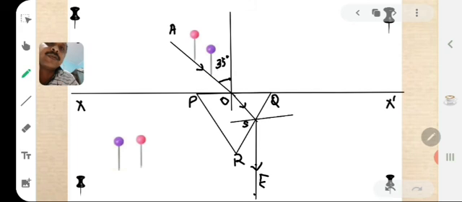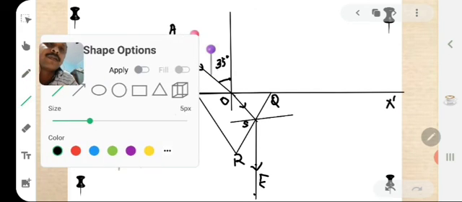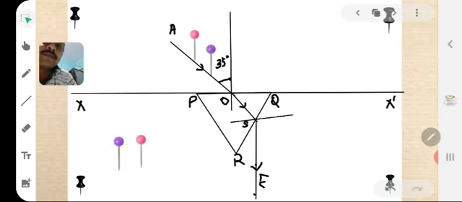Let us find out what is the angle of deviation. For this we have to trace the original direction of the incident ray by producing it somewhat up to this point, and then go back by producing the emergent ray somewhat like this.